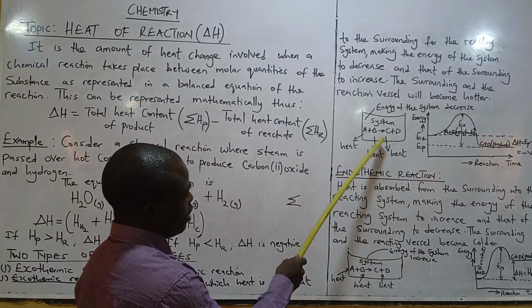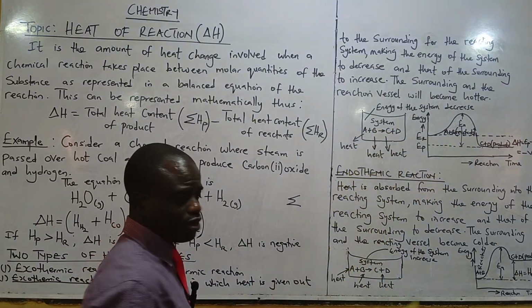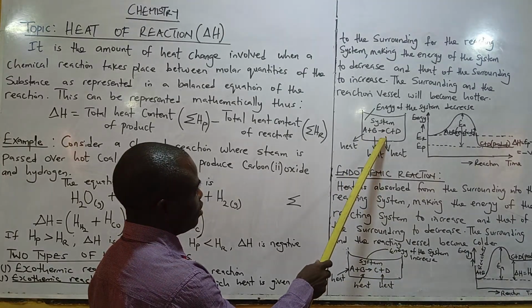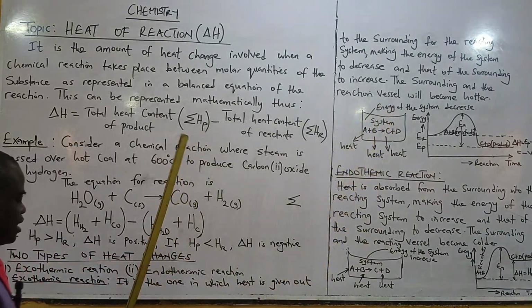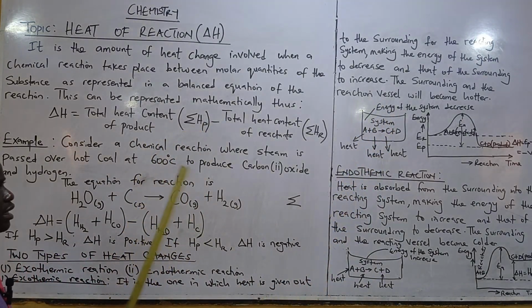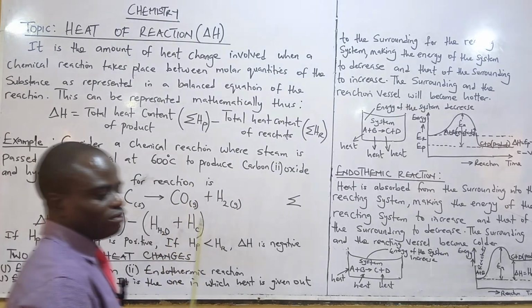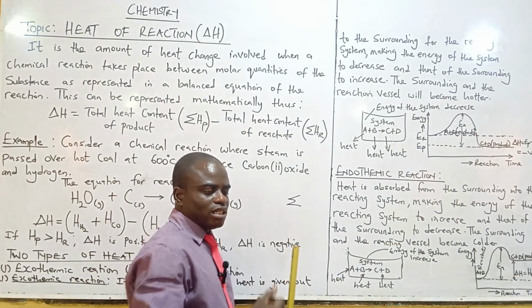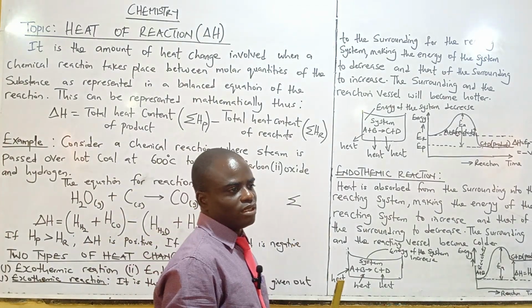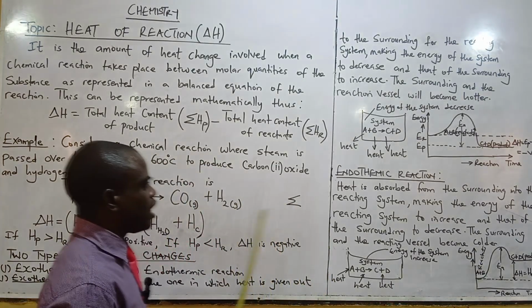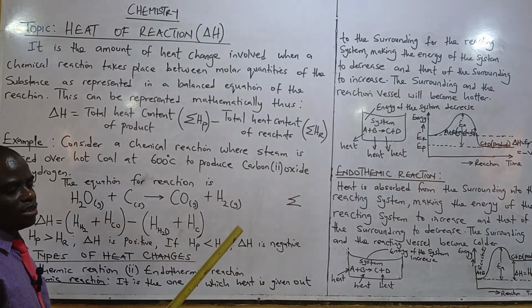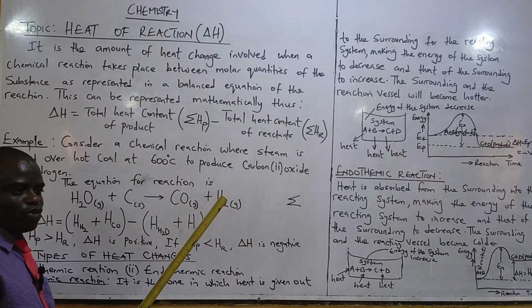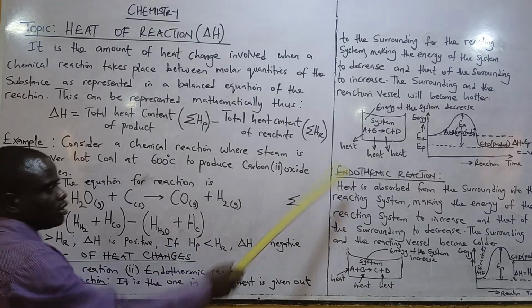When you put, for example, an ice block in a container, you see that it gains heat. After gaining the heat, it melts. That one now falls under endothermic reaction. Is that okay? Because it was cold before and it was gaining the heat, that's under endothermic reaction.